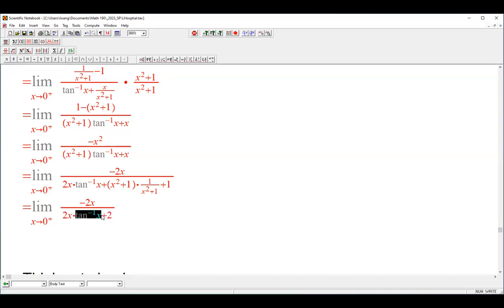This is a continuous function on the entire number line. So now we can do a direct substitution, finally. So we're going to replace x by 0. And of course, this is replaced by 0. The final answer is 0 because the numerator is 0, denominator is not a 0.